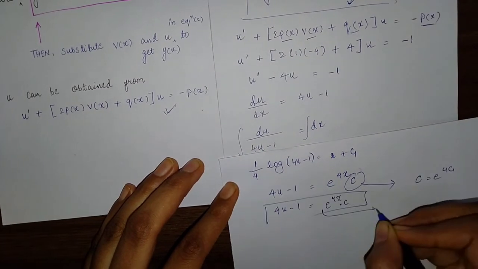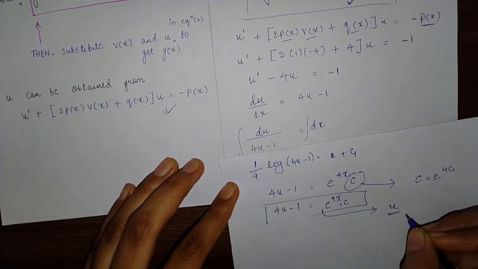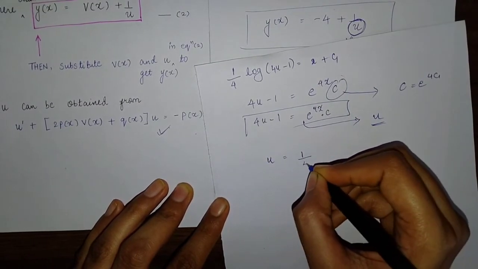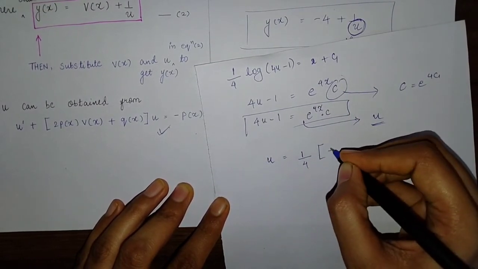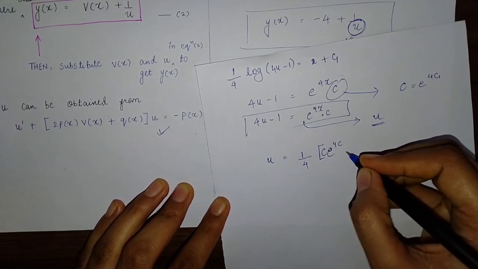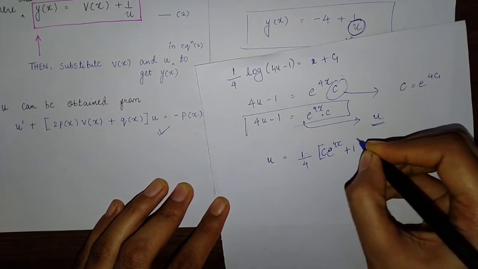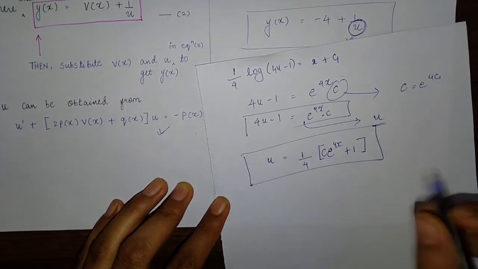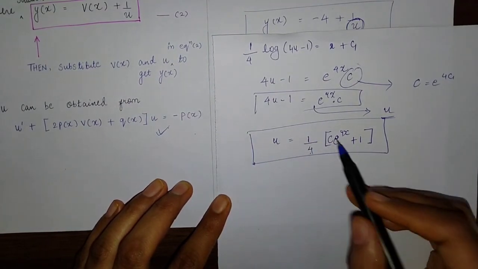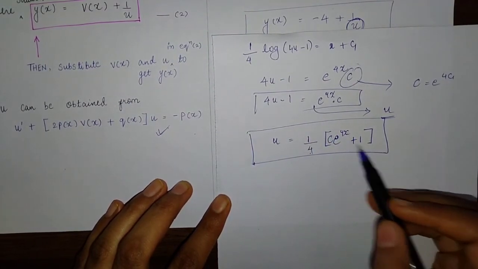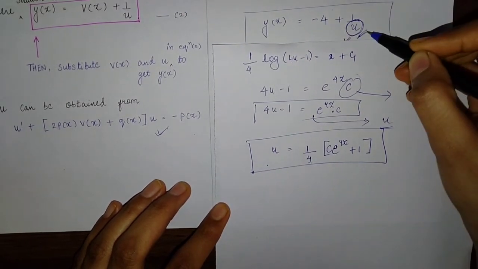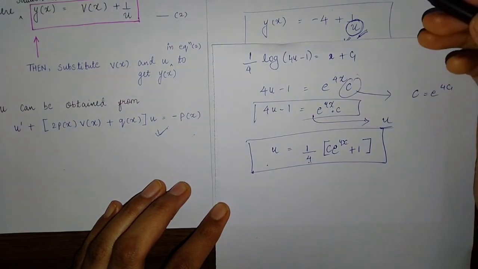Okay, take u as the subject, then I will get the value of u. So u will be 1 by 4 into (c e raised to 4x plus 1). So this is the value of u which I got. And now if I substitute this value of u here, then I will get the final solution.